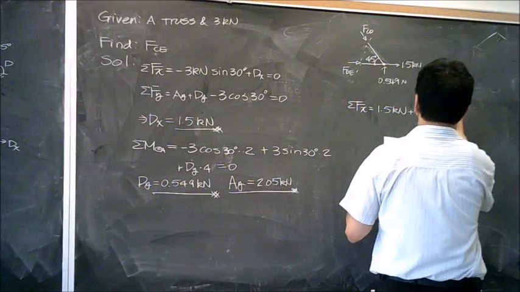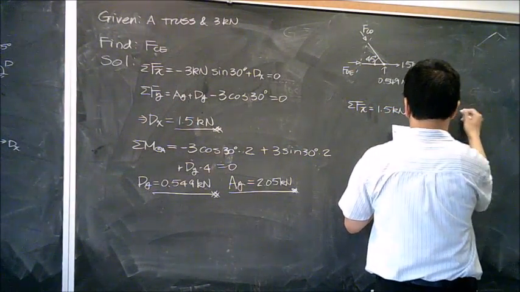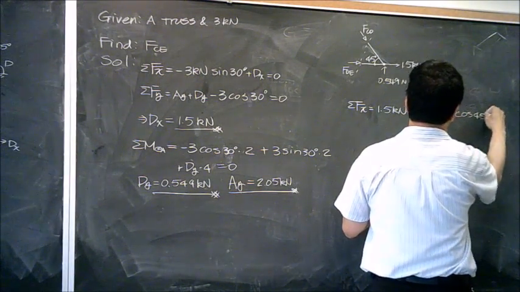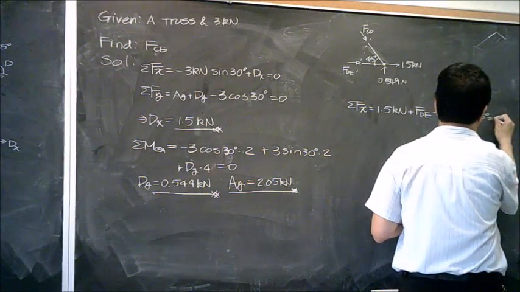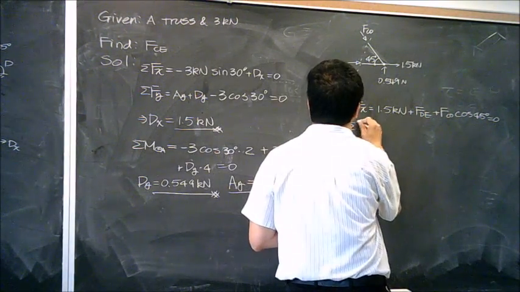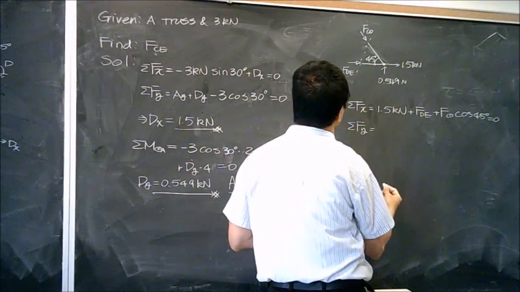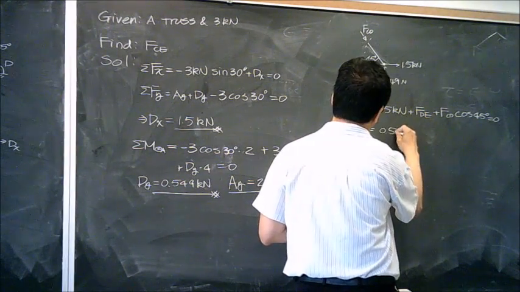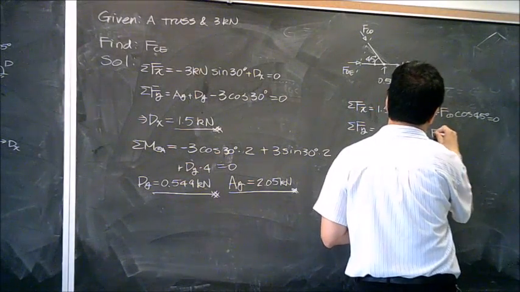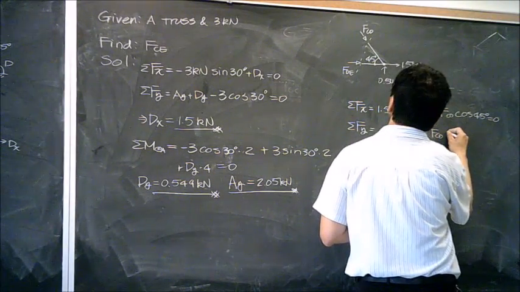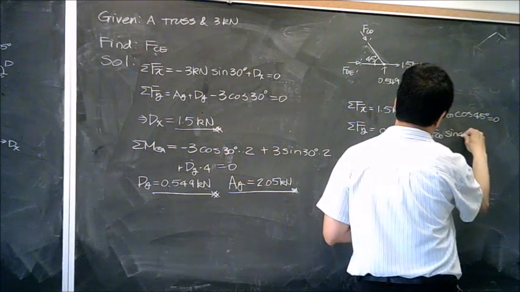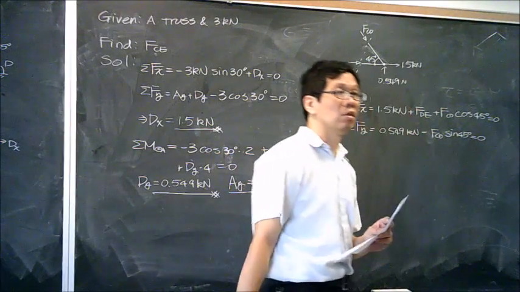So it's going to be FCD cosine 45 degrees, obviously equals to 0. For Fy, it's going to be 0.549 kilonewton minus FCD sine 45 degrees equals to 0.